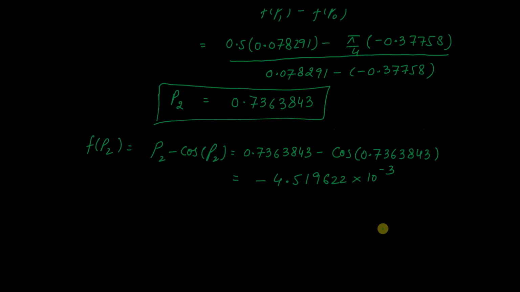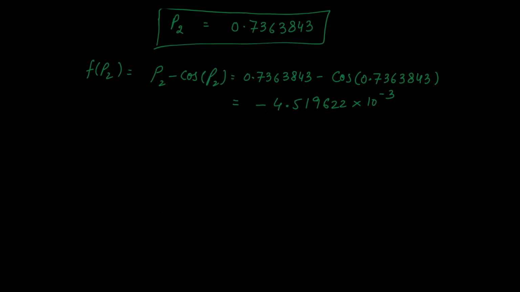After that, we need to go for the second iteration. For the second iteration, we need to substitute n equals 2 in our general formula.